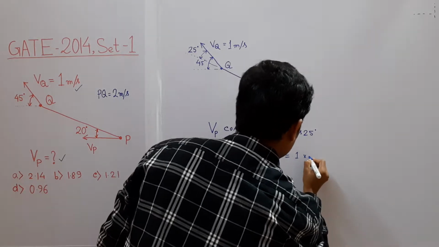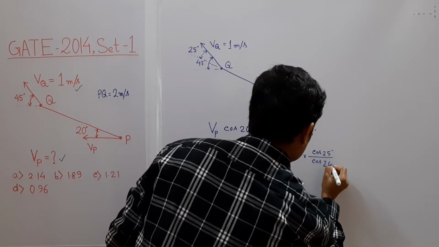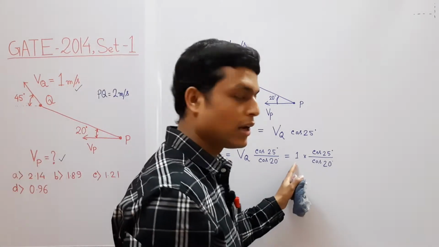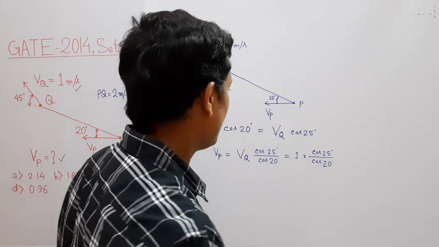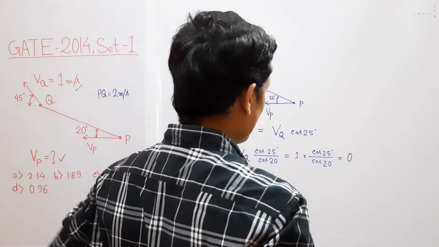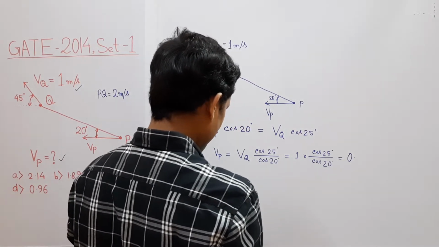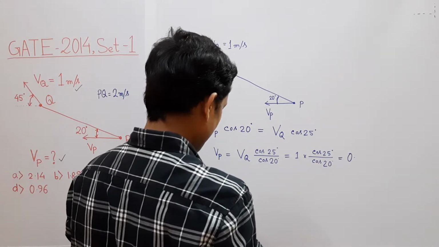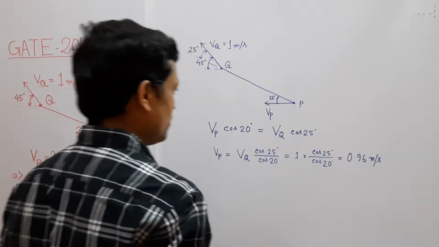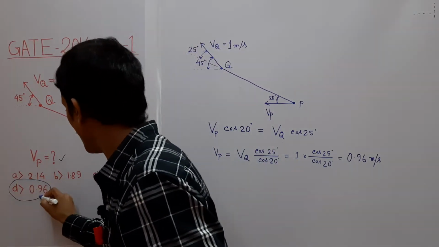So 1 into cos 25 degree by cos 20 degree, because the magnitude of Vq is given, that is 1 meter per second. So cos 25 by cos 20 is 0.96 meter per second. So option D is correct.